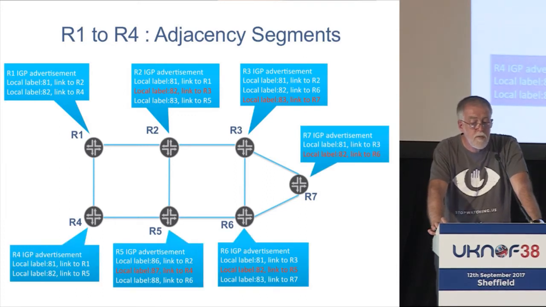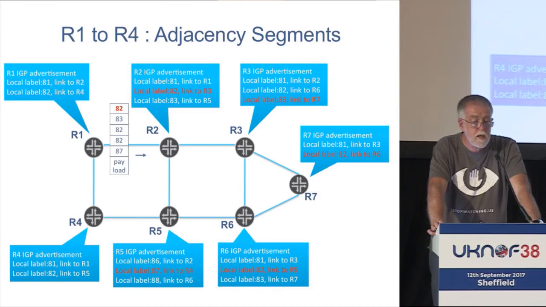And now, from R1 to R4, I can send a packet with a big stack of labels on the top. The top one, 82, when it's received at R2, it tells R2, okay, what I do is send this packet onto the link to R3.